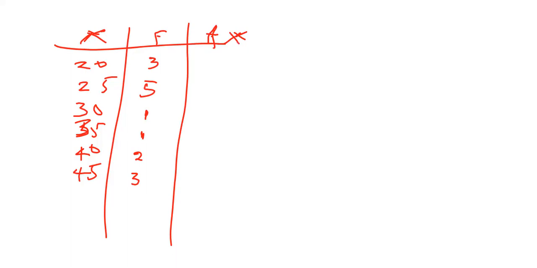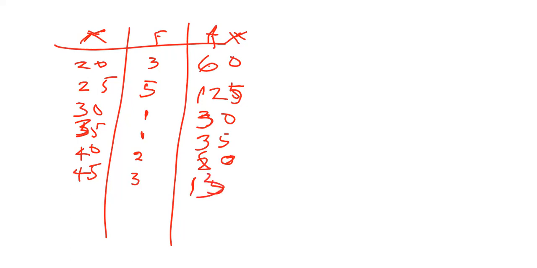So 20 times 3 is 60, which we have done before. 25 times 5 is 125. This one is 30. This is 35. This is 80. This is 135. You add up.